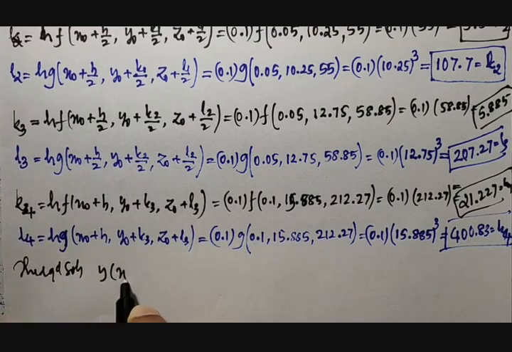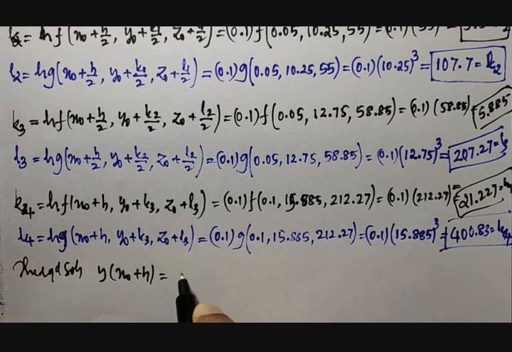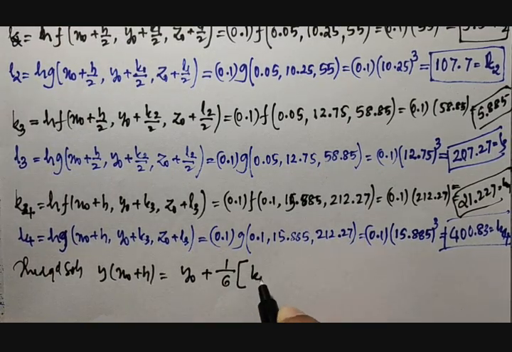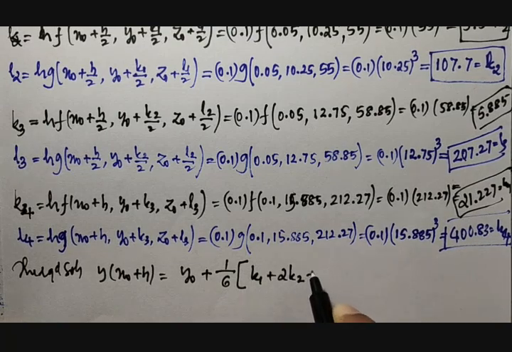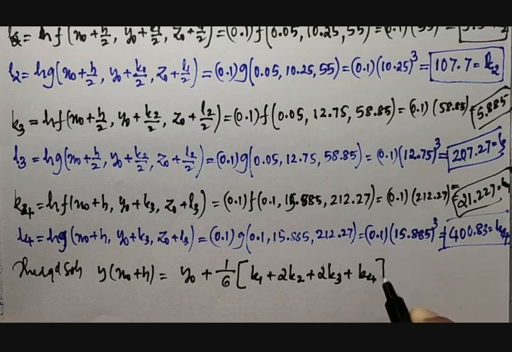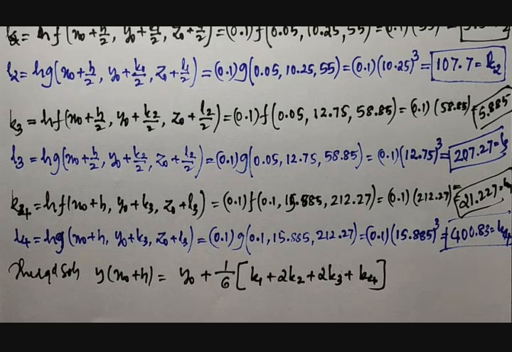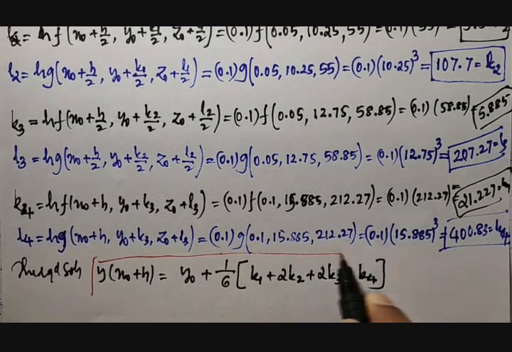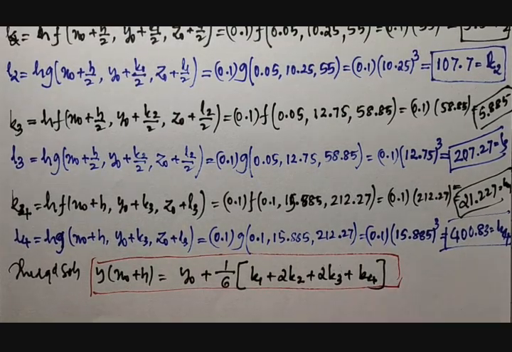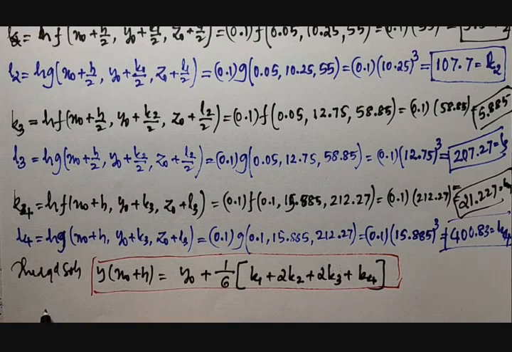Therefore, the required solution is y of x naught plus h is equal to y naught plus 1 divided by 6 into k1 plus 2k2 plus 2k3 plus k4. So this is the required formula. So substitute the value in this formula to obtain the required result. Let us see what is that result.